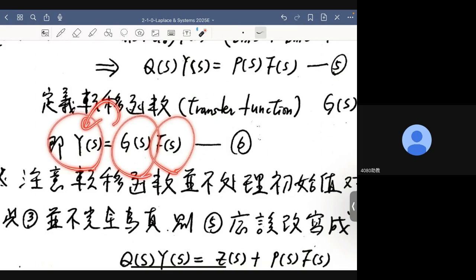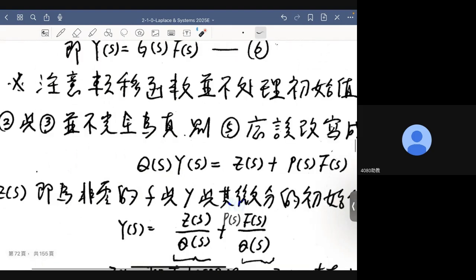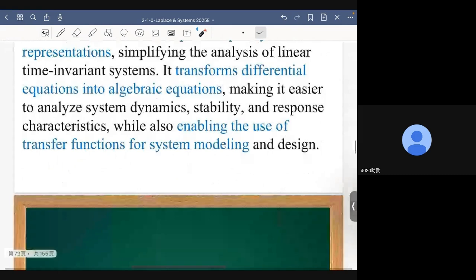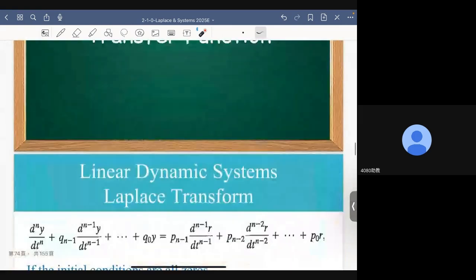Okay, and therefore, if this is the true output, G of s must cover every aspect of the system. If that's the case, G of s, which is transfer function, represents the mathematical model of the system in the s domain. Okay, so let's talk more about transfer function.